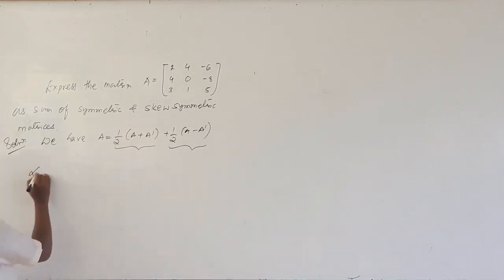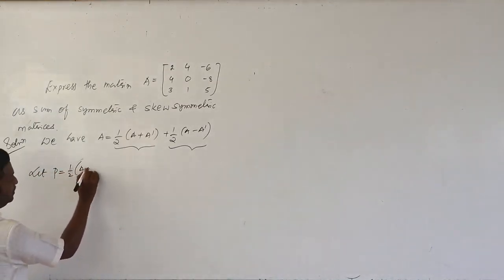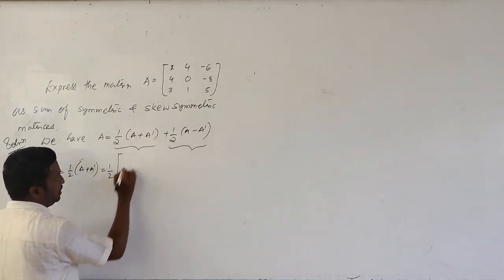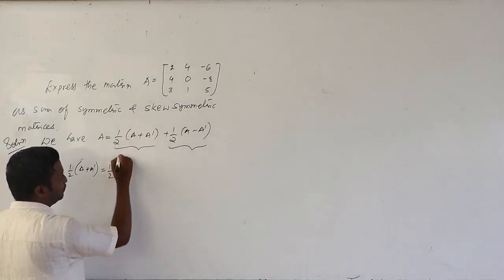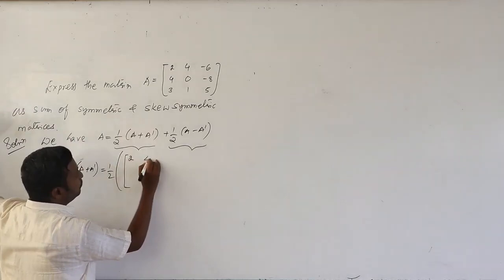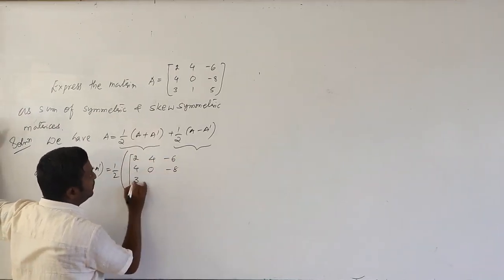Okay. Let us take P. P is equal to what? 1 by 2 (A plus A dash). A matrix is what? [2, 4, minus 6; 4, 0, minus 8; 3, 1, 5].